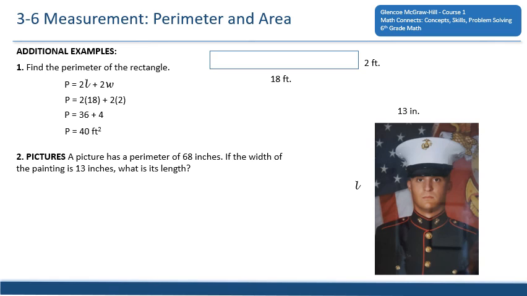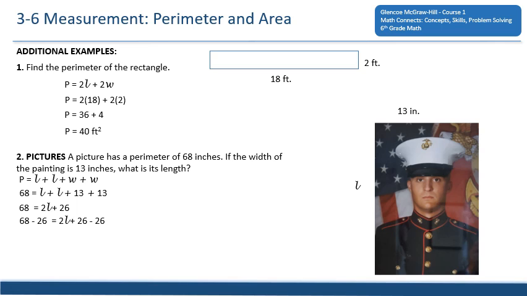Number 2, a picture has a perimeter of 68 inches. If the width of the picture is 13 inches, what is the length? So we know that perimeter equals length plus length plus width plus width. So if we put in 68 equals length plus length plus 13 plus 13, and then we add the 13s up, we get 68 equals 2L plus 26.